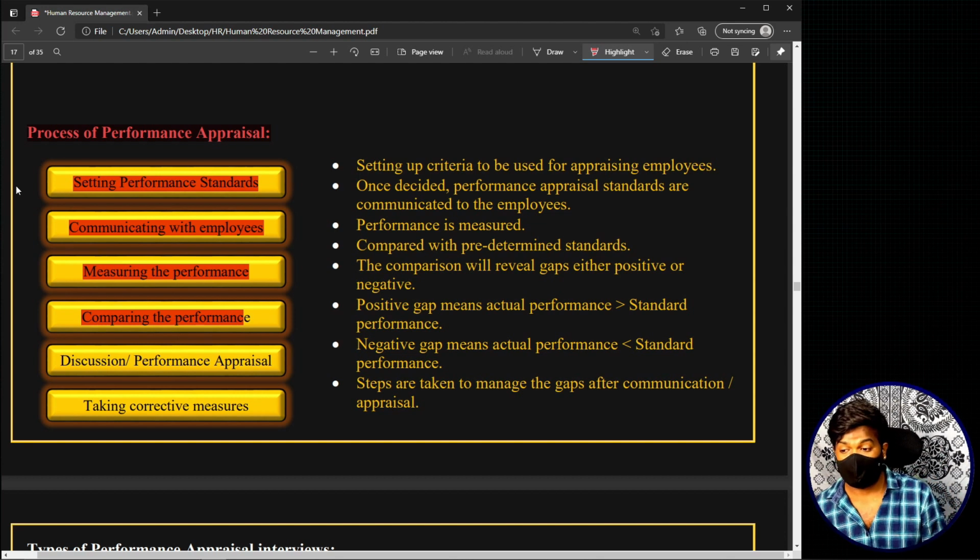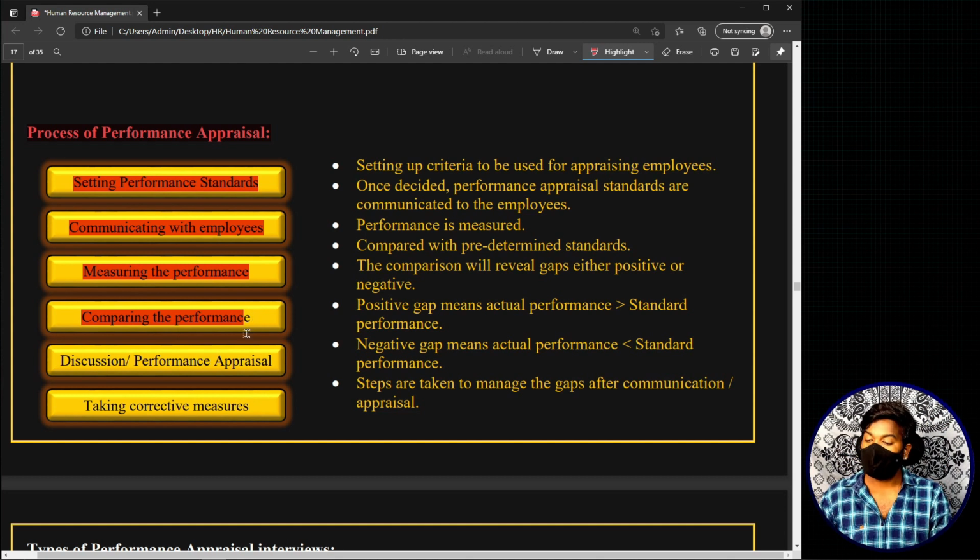See, the first step is setting performance standards, and then you communicate them to the employee, and then he starts working, right? Now you measure the performance, that means his actual performance that is delivered, and you compare it with the actual expected performance standard that has been communicated, the targets given to him.